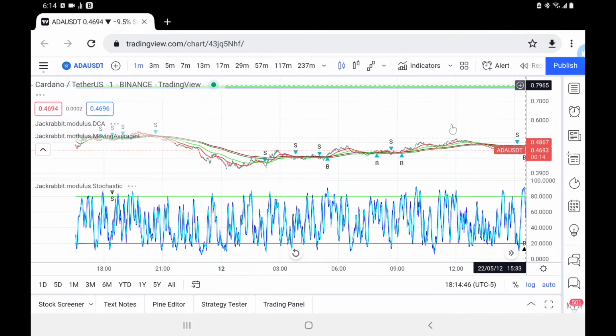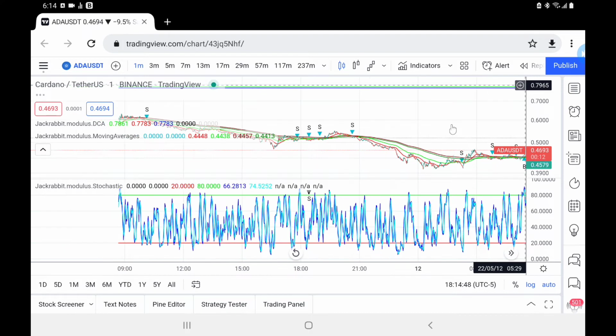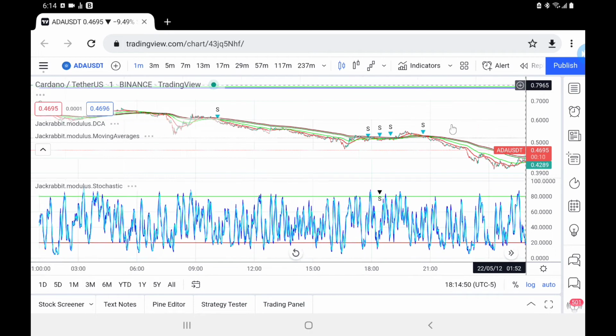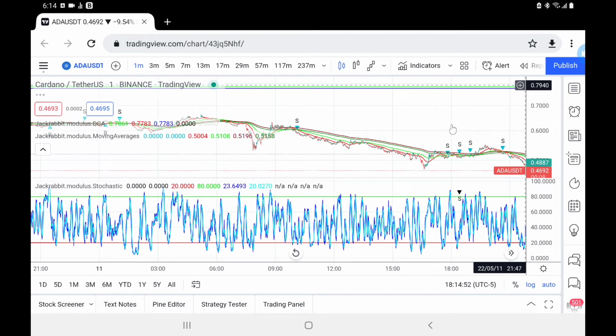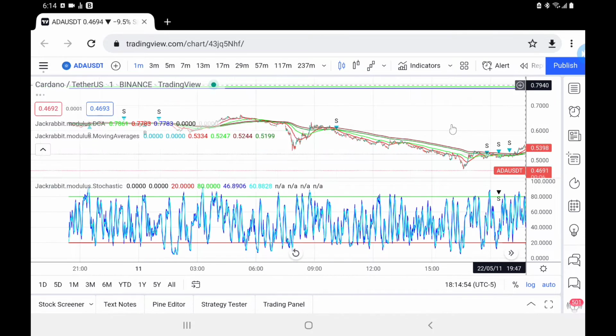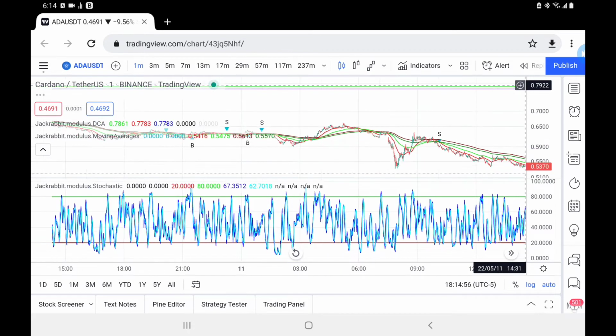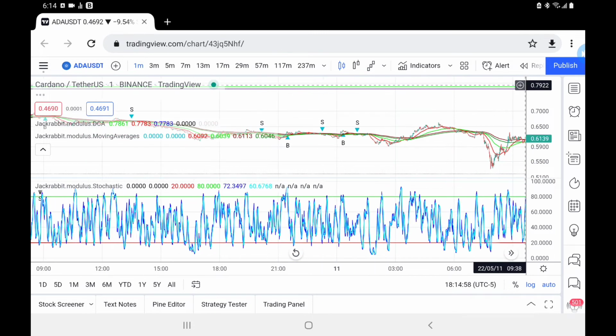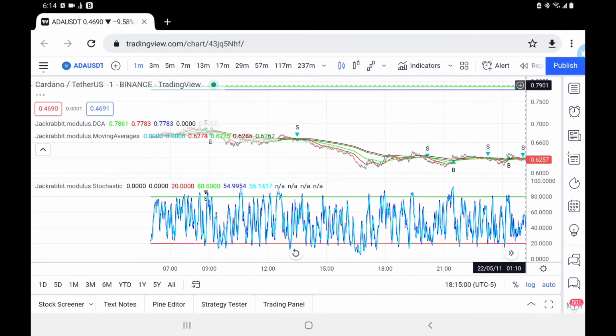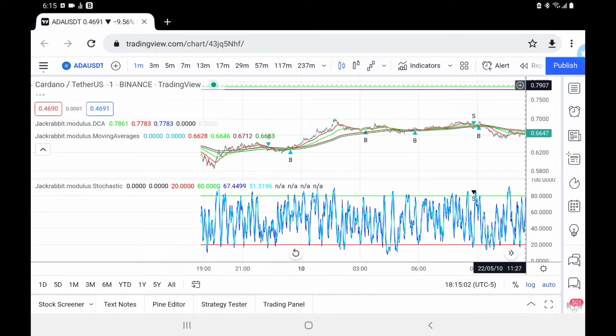Now this is actually three components: a moving average, which is a crossover, a momentum combination, and a stochastic. Let me get to the beginning of this cycle.